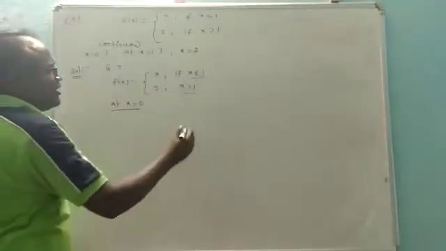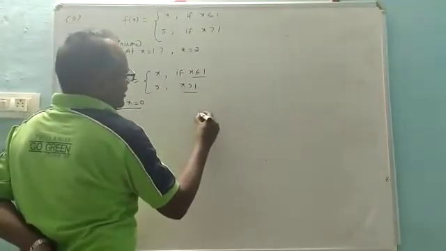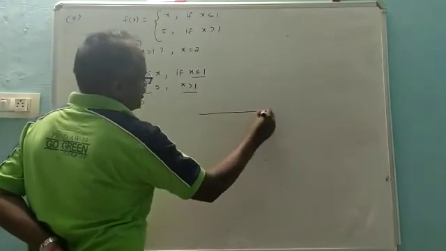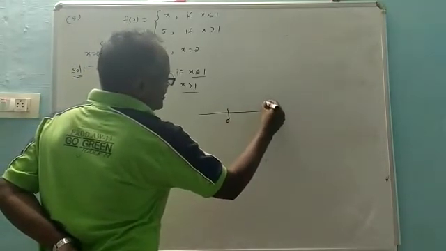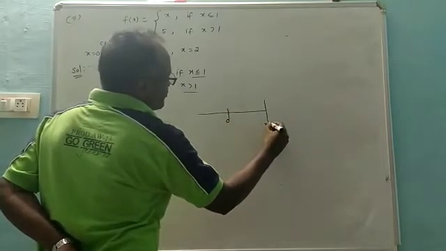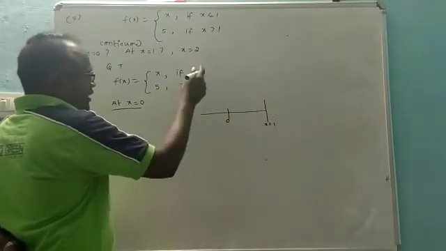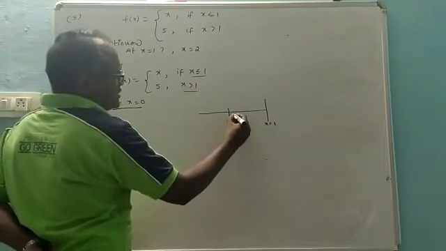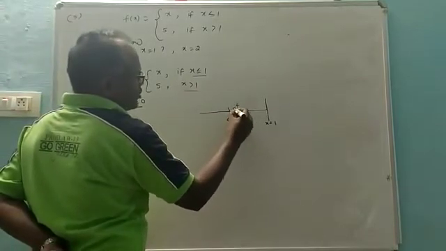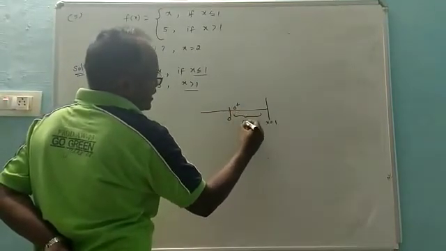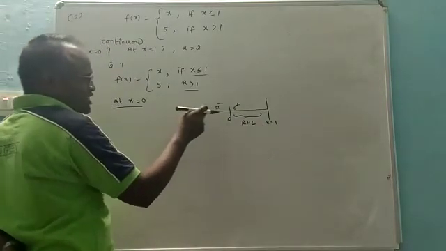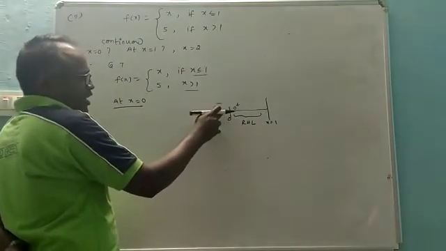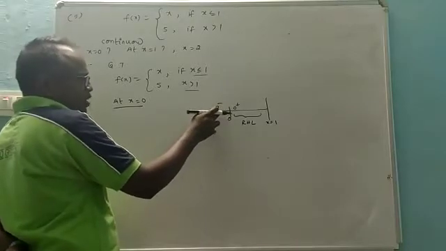Here, if you take a number line, 0 is here and 1 is here. According to the condition, this part is 0 plus, which means right hand limit. This part is 0 minus, which means less than 0, like minus 0.1, minus 0.2.